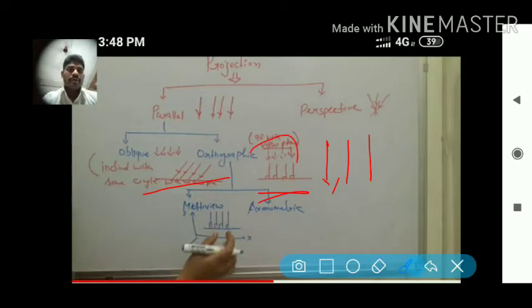In orthographic, perpendicular lines; in oblique, inclination lines. But the lines are parallel. So again, oblique has 2 types, and orthographic again has 2 types. We will see those 2 types now.